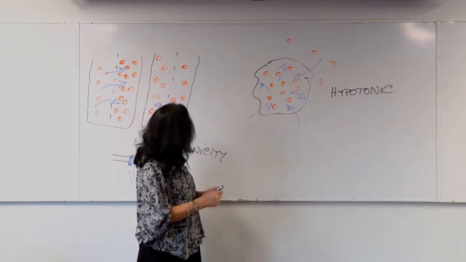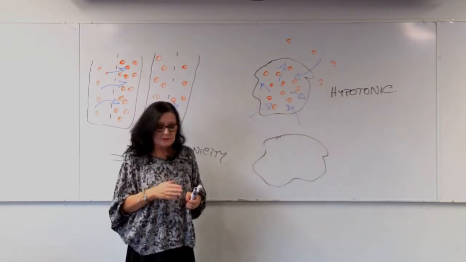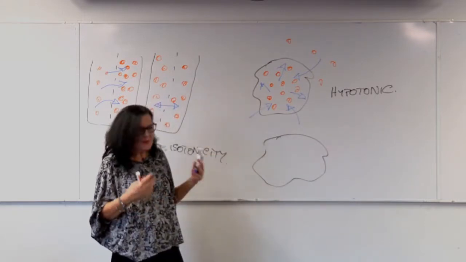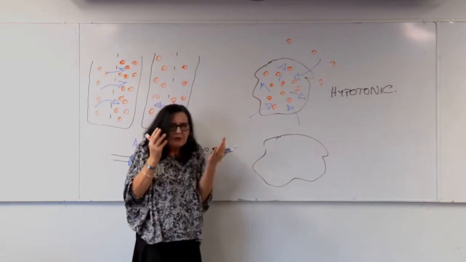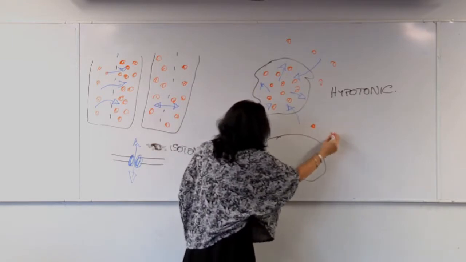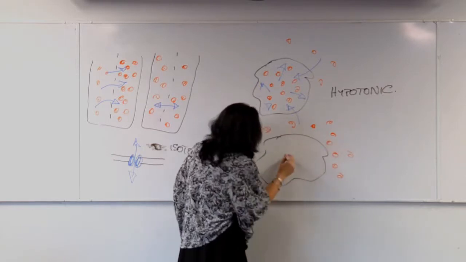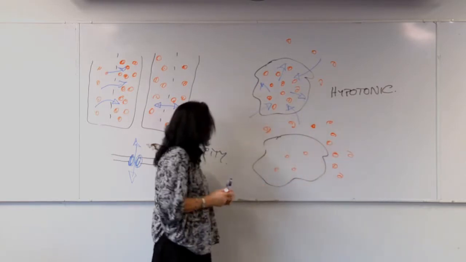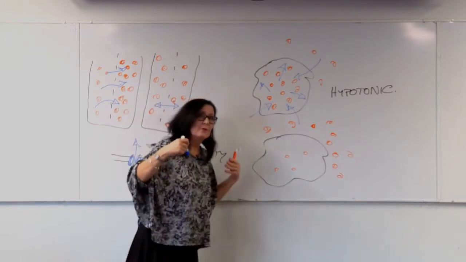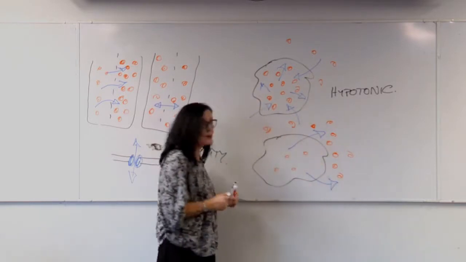Okay, so let's look at the alternative. If we have a cell, and say, for example, we haven't had a drink, the extracellular compartment gets more and more dehydrated, lots of solutes, very concentrated. Lots and lots in the extracellular compartment, only a few in the cell. What's going to happen? The opposite. So water is going to move from inside the cell into the extracellular compartment.